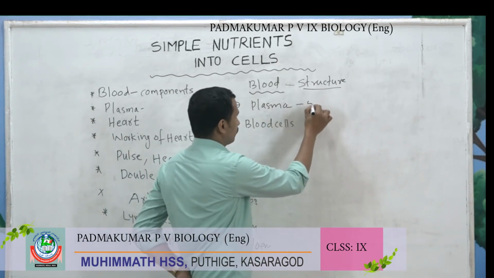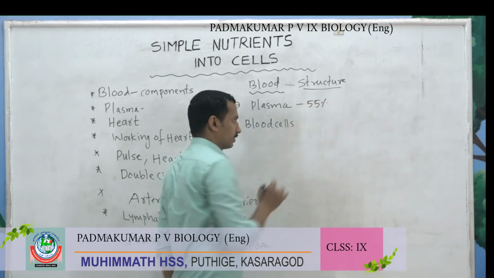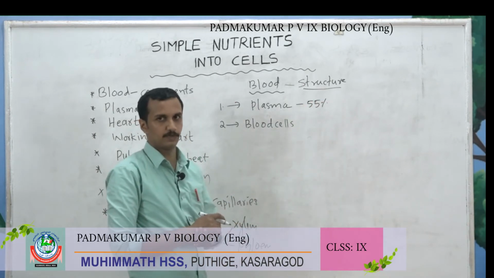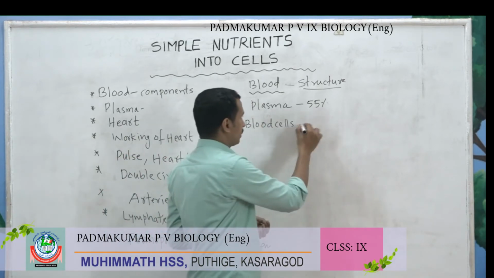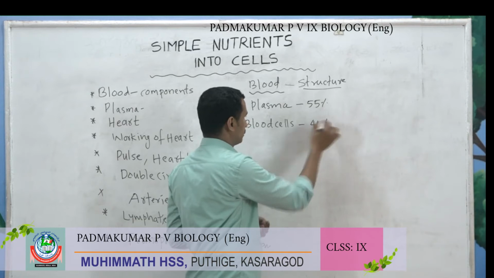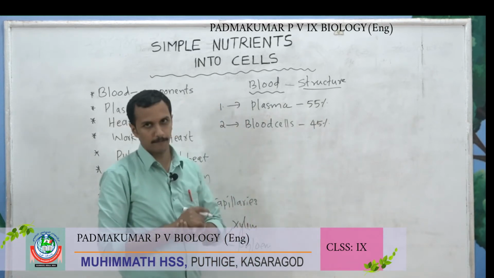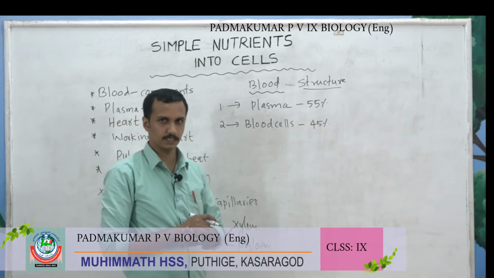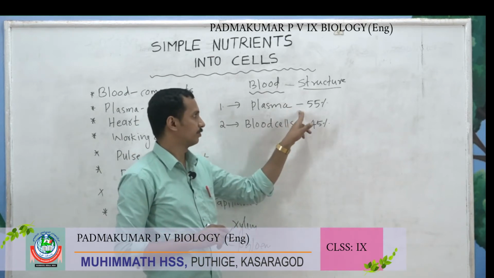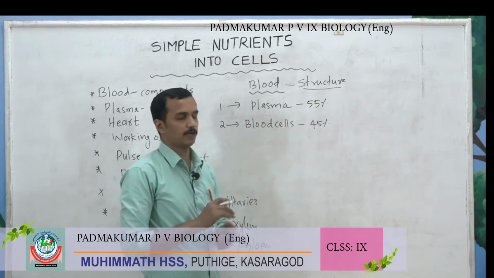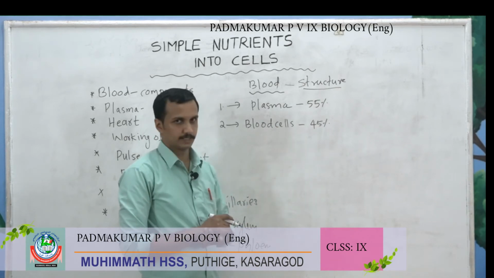Around 55% of human blood is composed of plasma, and the remaining 45% is composed of blood cells. That is, if you take 100 ml of blood, you will get 55% of plasma, then 45% of blood cells.